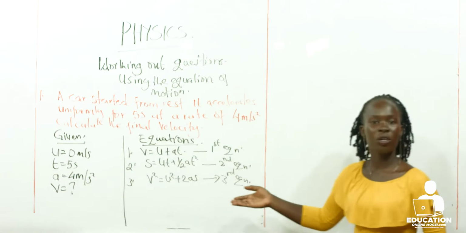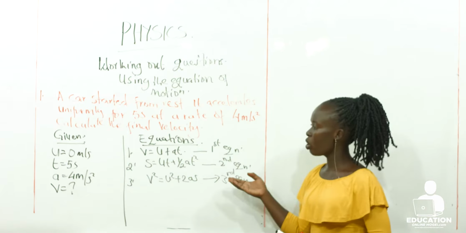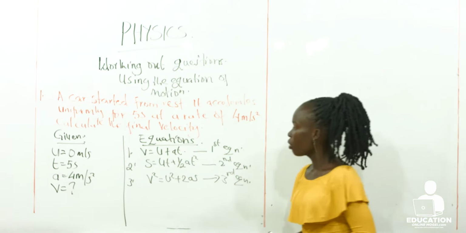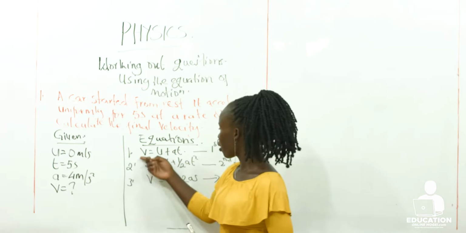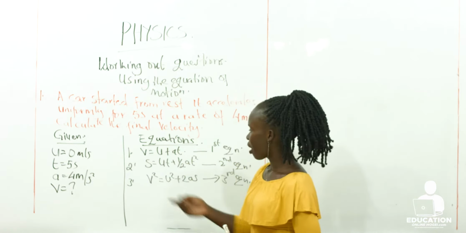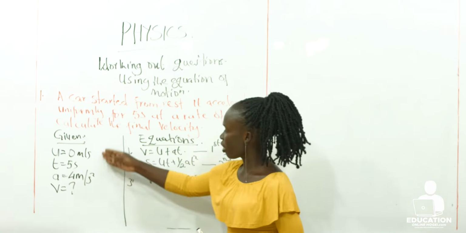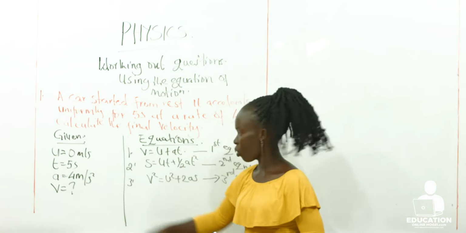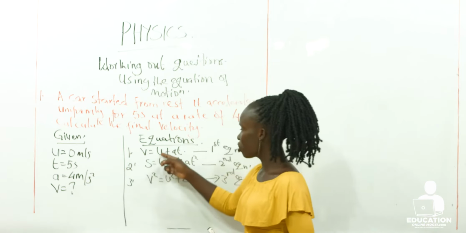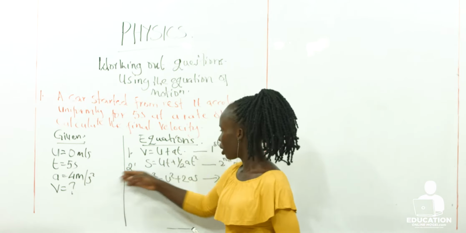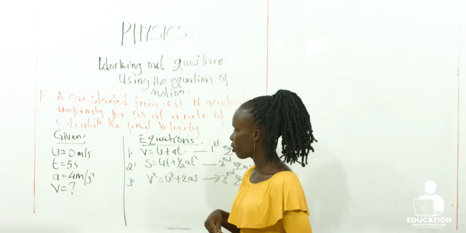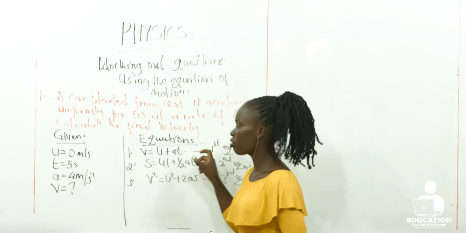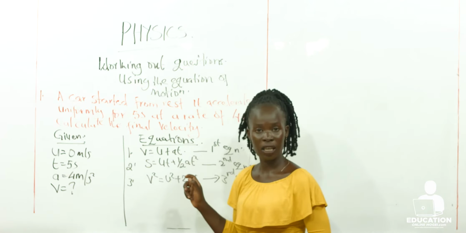Now there are 3 equations. Which equation is appropriate for our question? If you take a look at the first equation, in your question, when you summarize, do you have the final velocity v? You go and check. Do you have u? Do you have a? Do you have t? If you have all those things, that means you're using that equation.